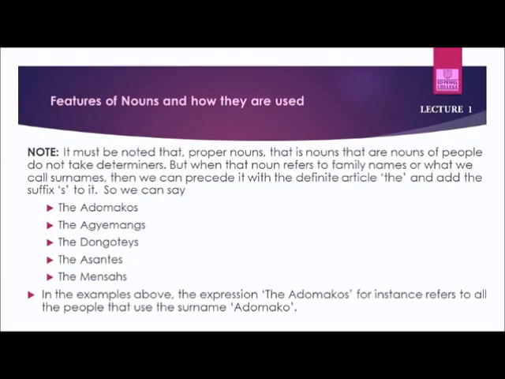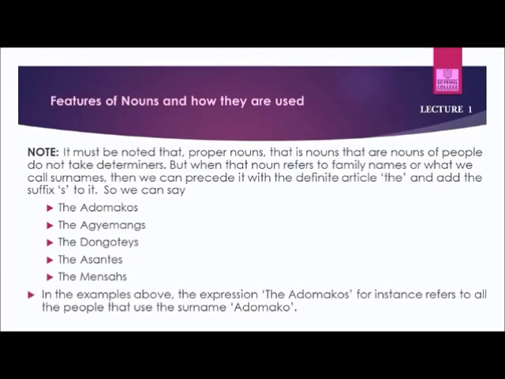For example, you can say the Adomakons, the Ajimans, the Dongoteys, the Frimpons. In that case, it is allowed to attach the definite article the to that surname, wherein it will refer to the people within that particular family.